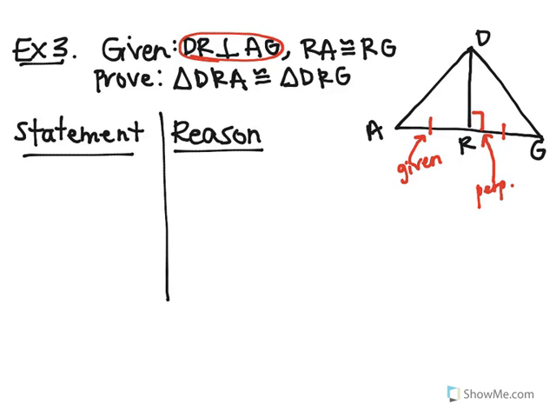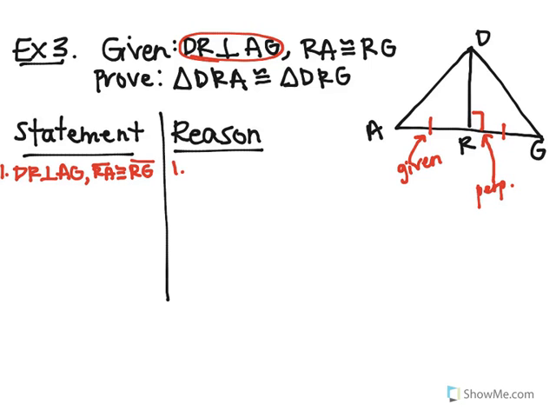Again, in this proof I don't have any information given to me, so I've got to start out with just the given statements. Because only the one thing is actually telling me something about the triangle, I can write both of these at the same time. So DR perpendicular to AG, and then RA is congruent to RG.